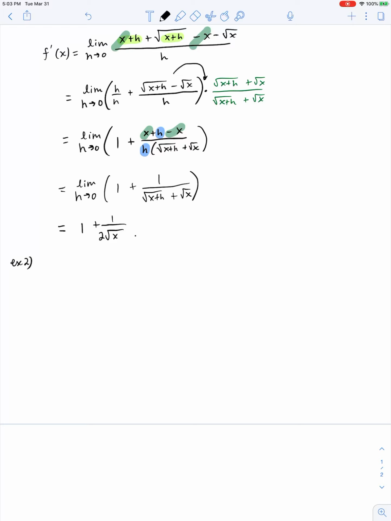For my second example, let's find the horizontal tangents of f of x equals x squared plus 4x minus 1.